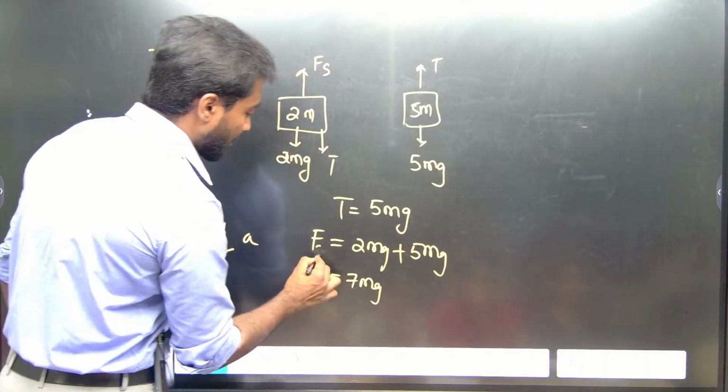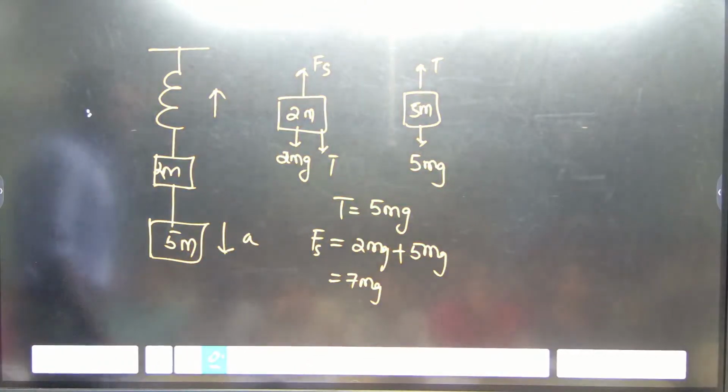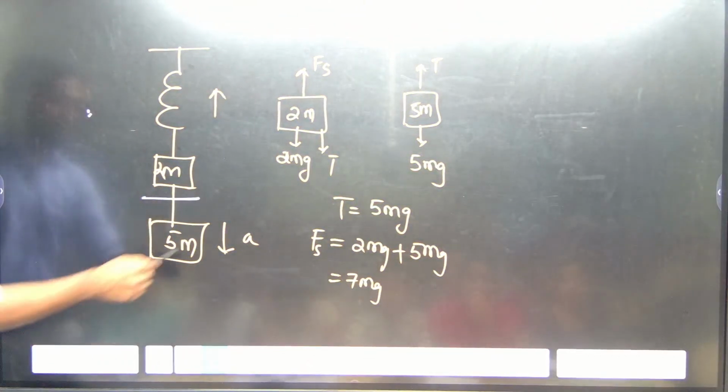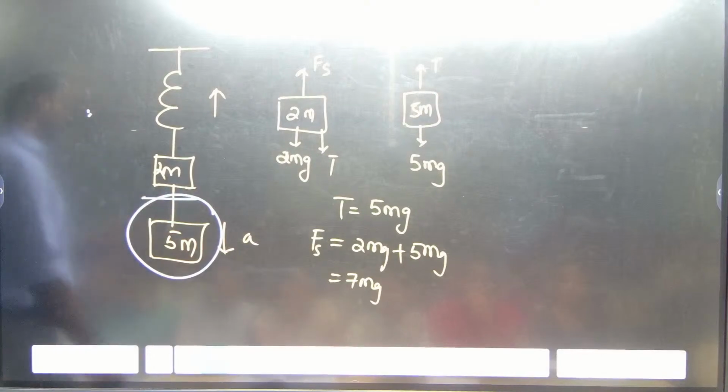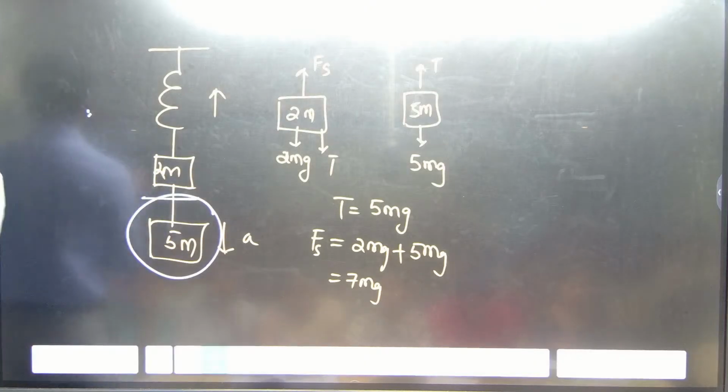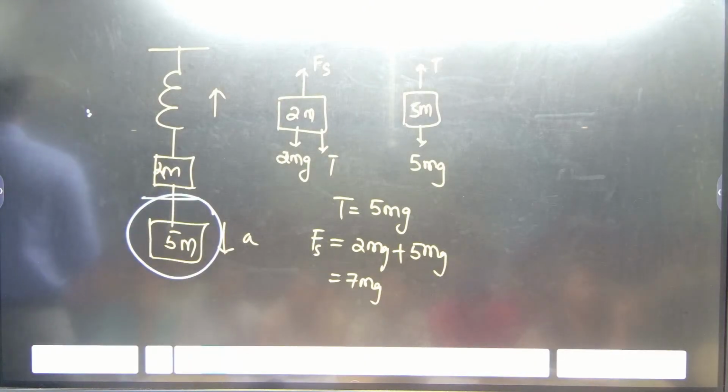So I got the spring force here. Now if I cut this rope, it will go with a free falling motion. I told you the object can be of any mass. If it is 0.1 gram also, or 1 ton also, it will go with the same acceleration g.